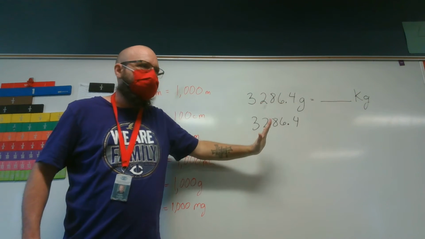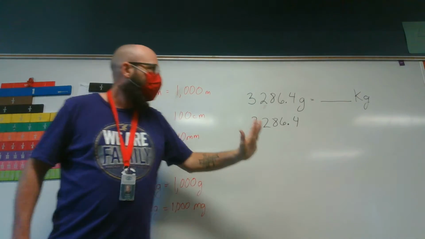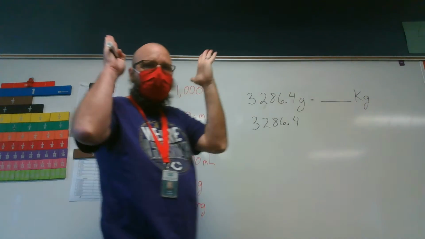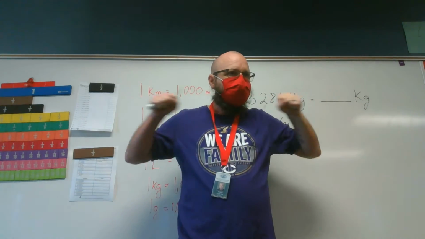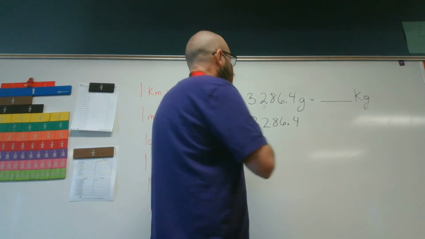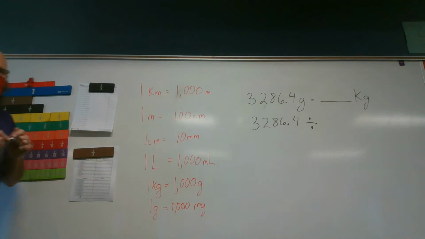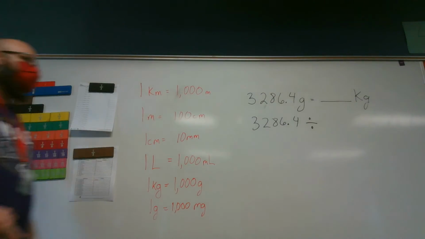The only difference is you could have to add zeros. We said kilograms is bigger, so we're going from grams to kilograms, which tells me I have to divide. If I go to my formula chart, and kilograms and grams, what number do they give me? 1,000.